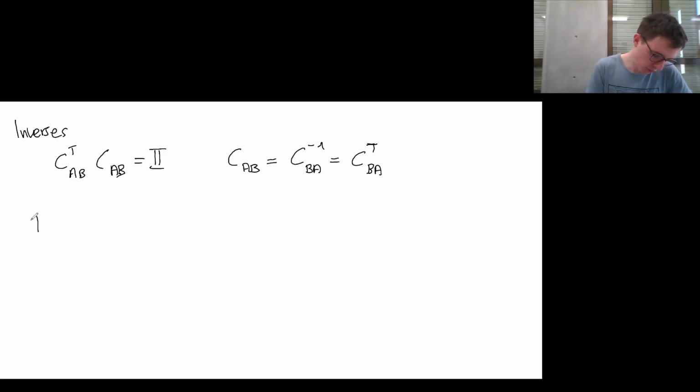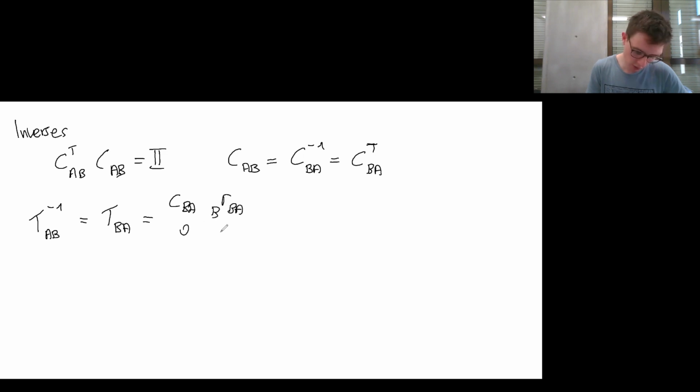Be careful with homogeneous transformations. It's not quite as simple. So this still holds: if you go from A to B and take the inverse of it, it's like going from B to A. And by definition, this is C_BA, r_BA in B, 0, 1, just by reversing A and B. But now, if we plug in the definitions of all those terms, you'll see that the inverse is slightly more complicated.